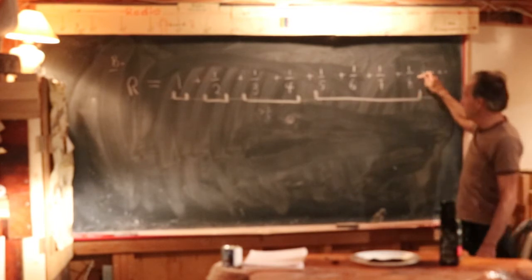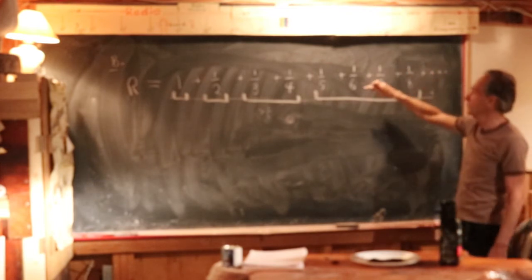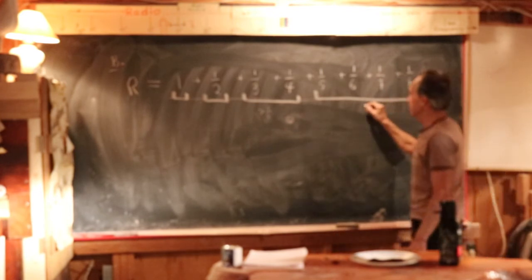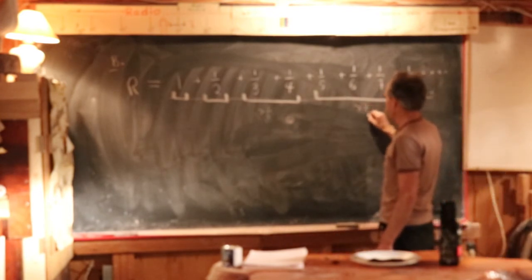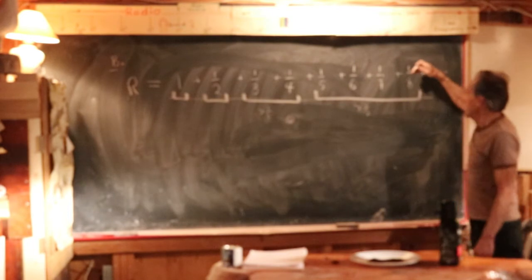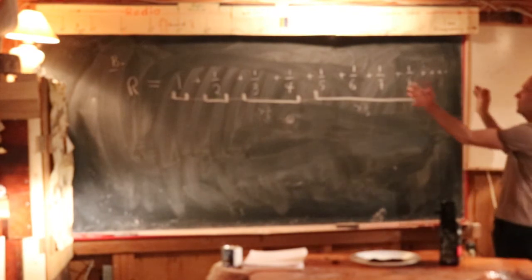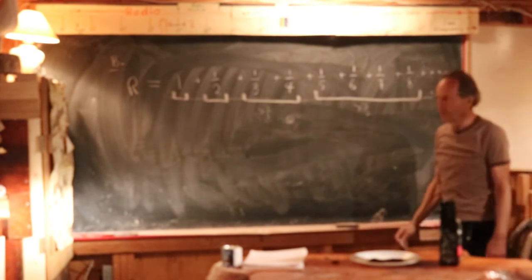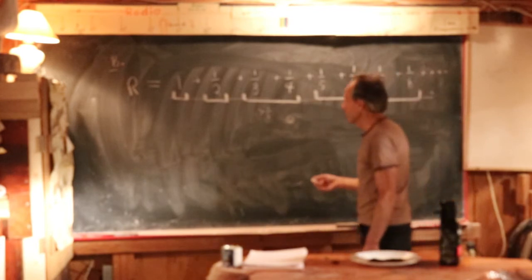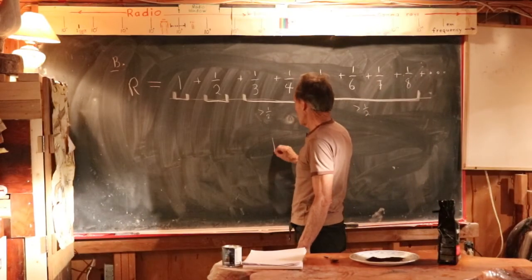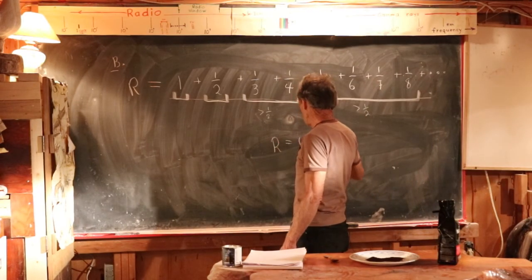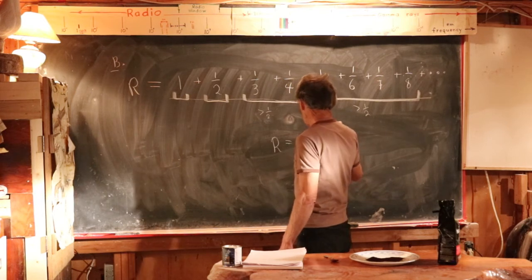The smallest one is 1/8. There are 4 of them. 4/8 is a half. So this is bigger than a half also. And then I take up to 1/16, and then 1/32, so on like that. And each one of those collections will be greater than a half. So I claim that's the proof that R also equals infinity.